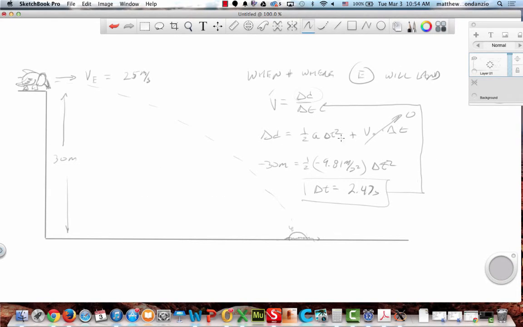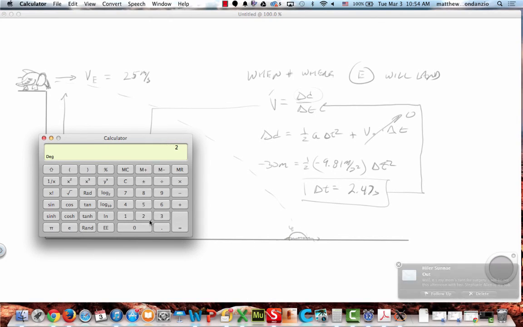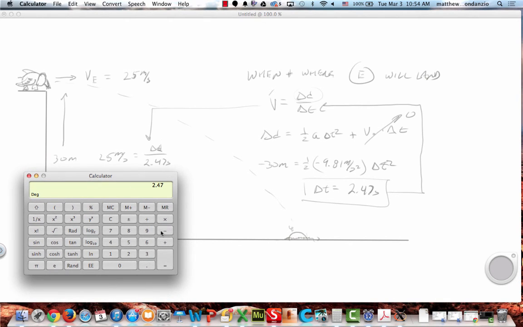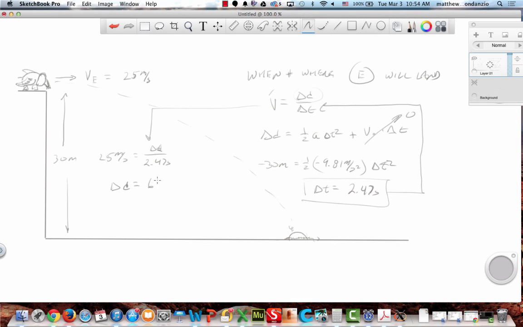So 25 meters a second, positive, equals my delta distance over 2.47 seconds. So delta distance is 2.47 times 25, which is 61.75 meters.